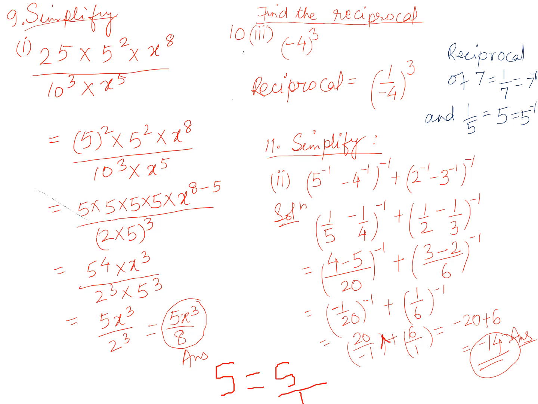We were multiplying with a minus 1 up and minus 1 down. So it will be minus 20 by plus 1. So minus 20 by plus 1 is written as minus 20. And then again you will solve it. Now minus 20 plus 6, simple integers, the answer will be minus 14.